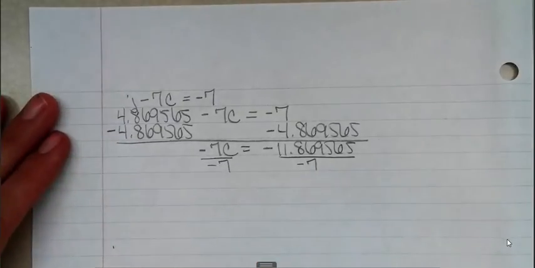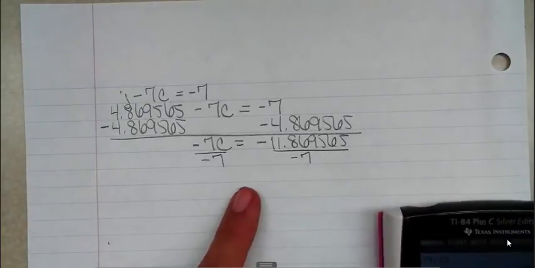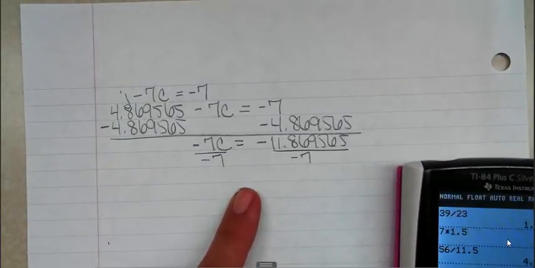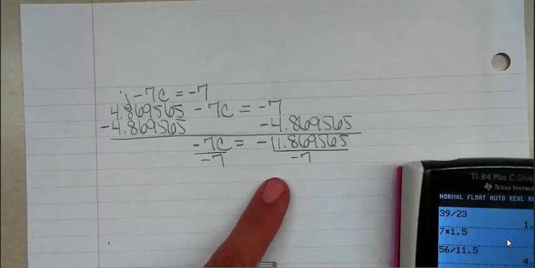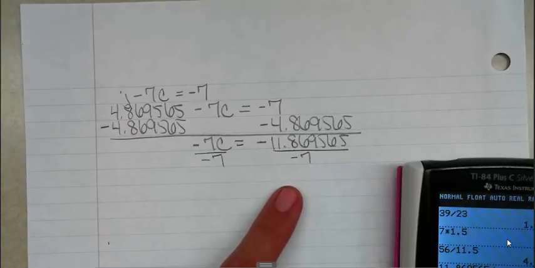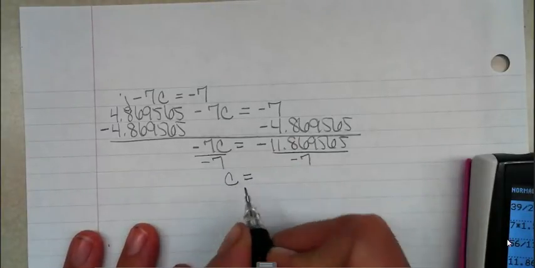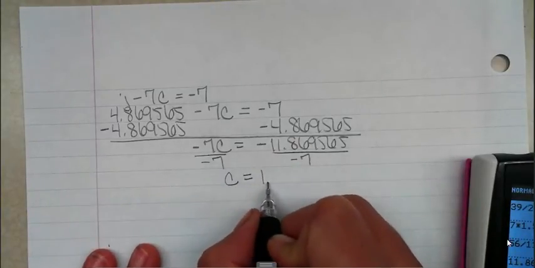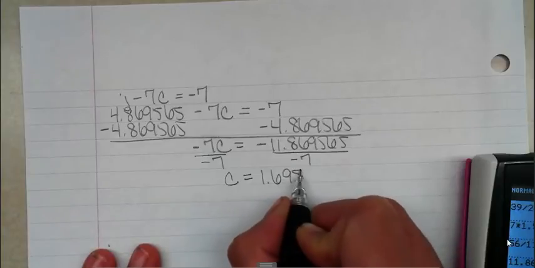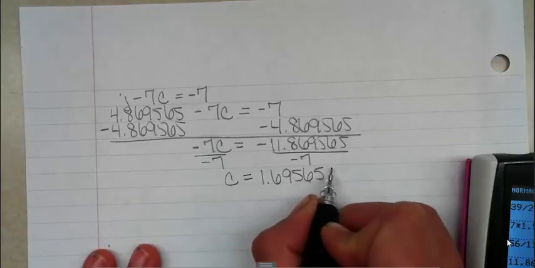You want to make sure, right, if I'm talking about cost per pound, I shouldn't end up with any negative answers. So I'm going to do that, and I'm getting cost of chocolate per pound is about 1.695652.